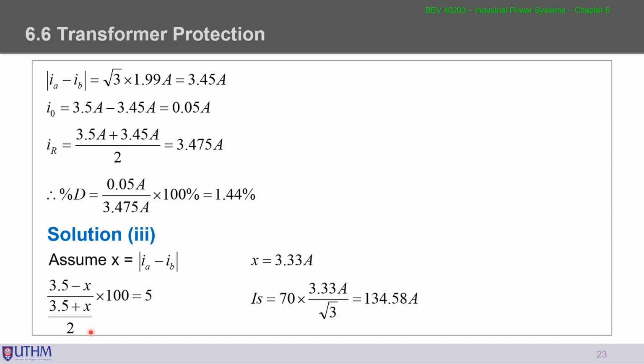So by using this formula, we get the value of X is equivalent to 3.33 A. Then we can get the I secondary using this formula. We have to times with the ratio of the CT, which is 70, then divide by √3 because the IS is in the star connection. So this is the value.